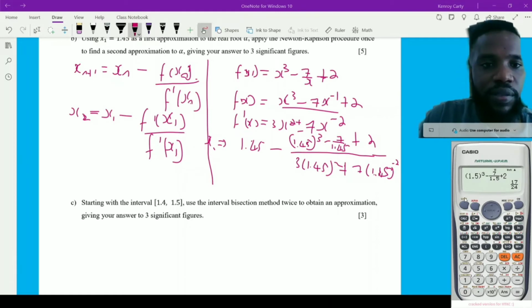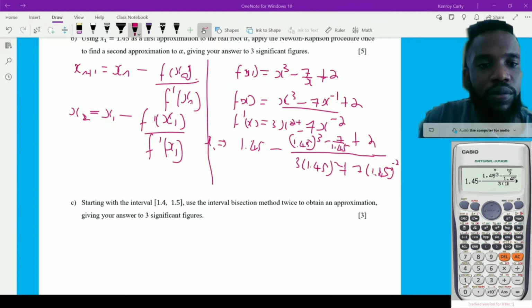Alright, now all this can be done with a calculator. So let's throw all this inside the calculator. So I'm going to have 1.45 minus fraction bar, 1.45 cubed minus 7 over 1.45, and of course plus 2 all over.